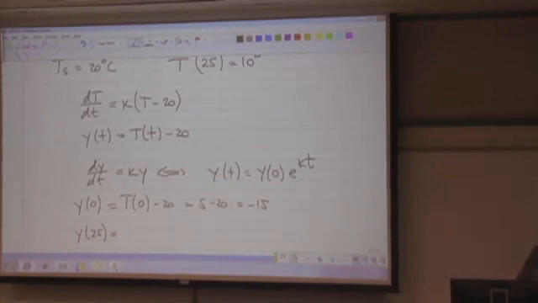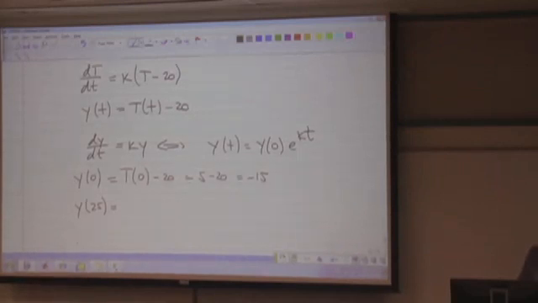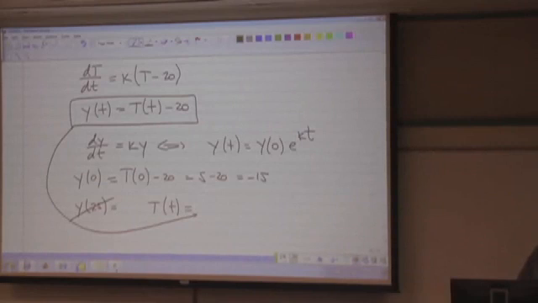Or should we compute directly capital T of t? Maybe we should do that. Before we do this, can you tell me what capital T of t would be? From this box, it's going to be y of t plus 20. Right?